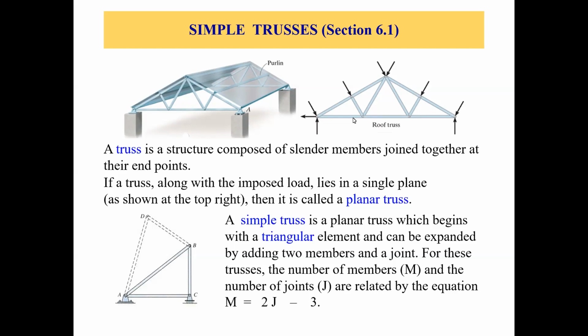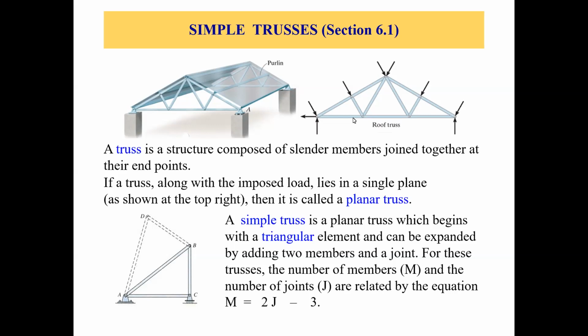If you add member BD and member AD, you are adding two members and one joint, which is joint D, to the existing triangular element. So that's how we get this simple truss. If you keep adding two members and a joint, it will remain a simple truss.